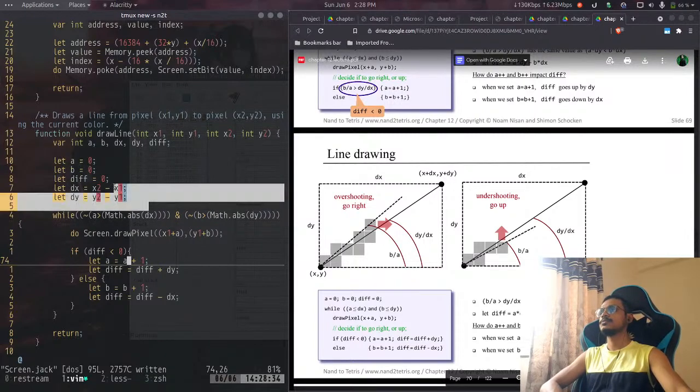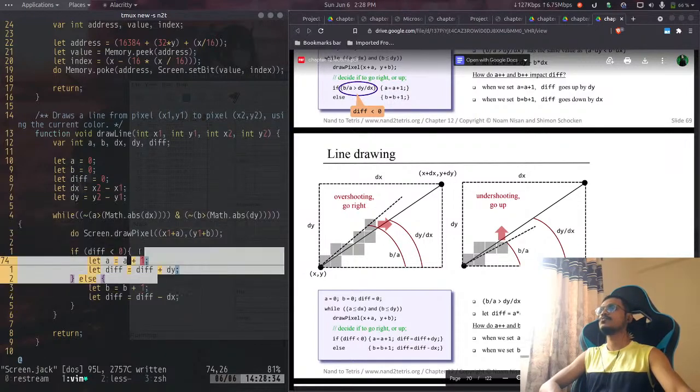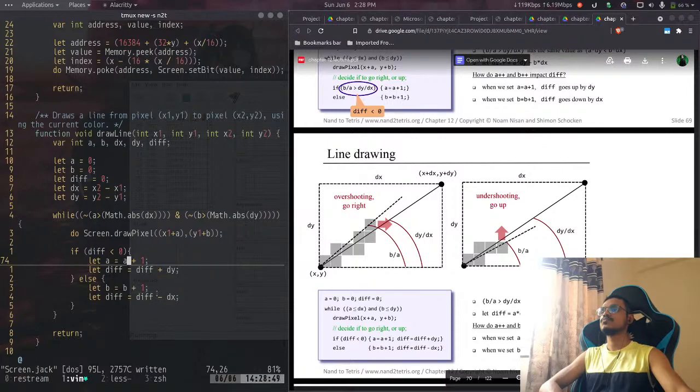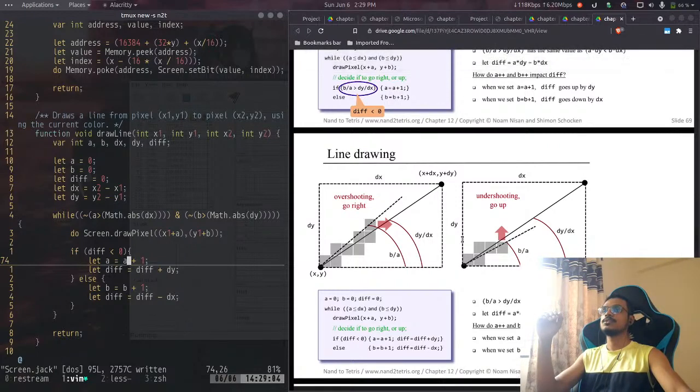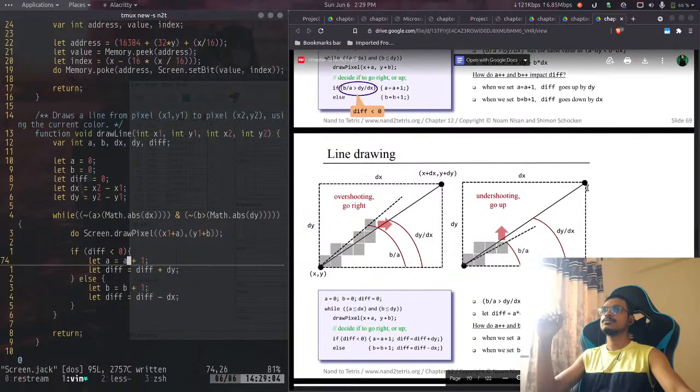Now what should we do? If the line, wait, in this case where y2 is negative, so dy is y2 minus y1, dy will be negative, right?